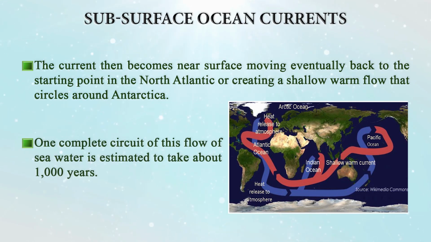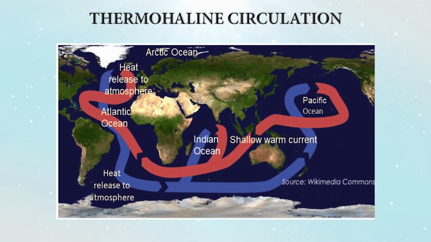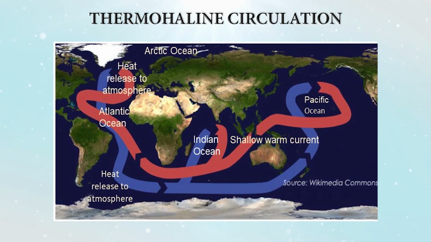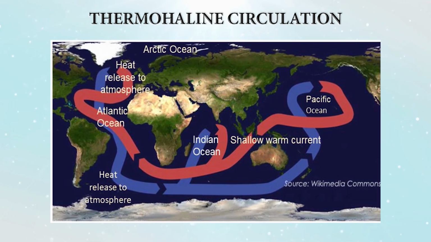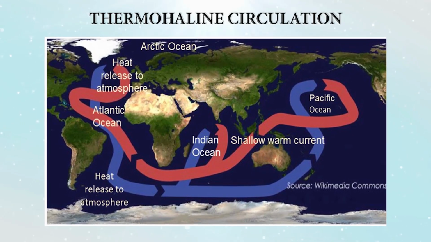One complete circuit of this flow of sea water is estimated to take about 1000 years. You will understand this better with the help of this figure, where thermohaline circulation is represented. The red ones are the shallow warm waters and the deep ones are shown in blue color.